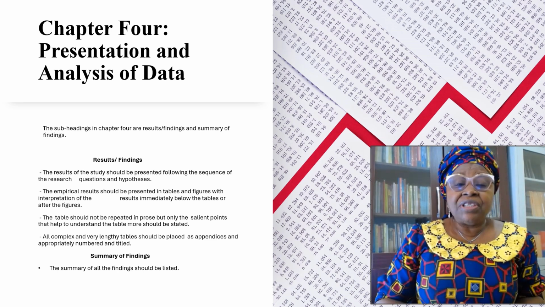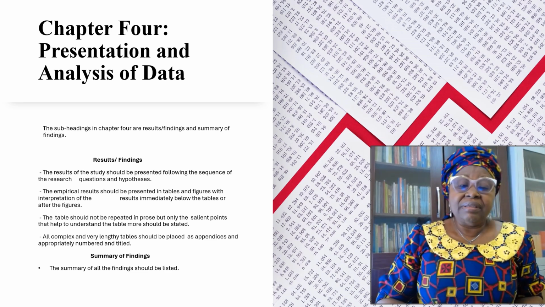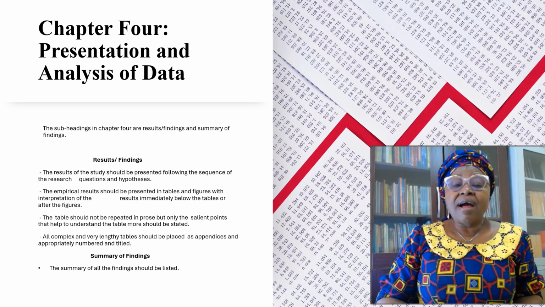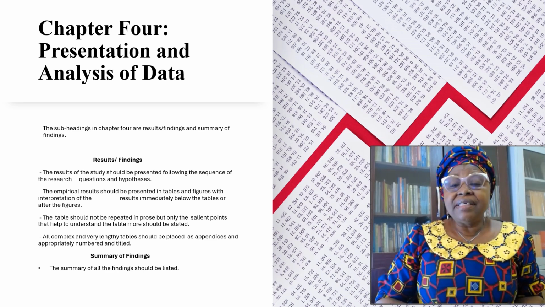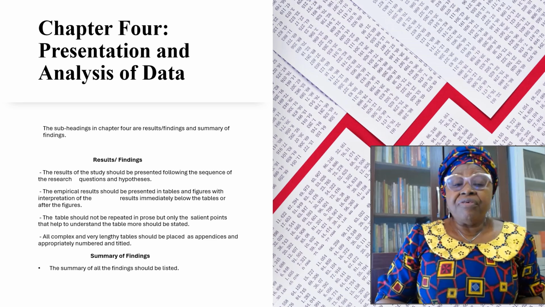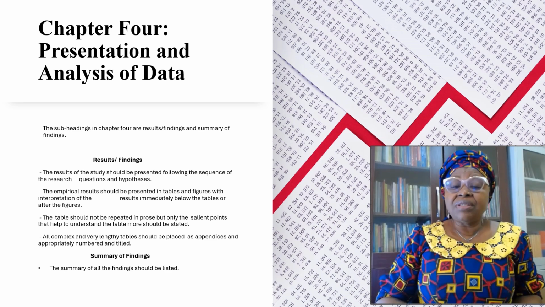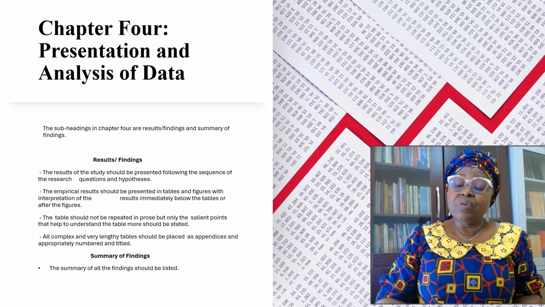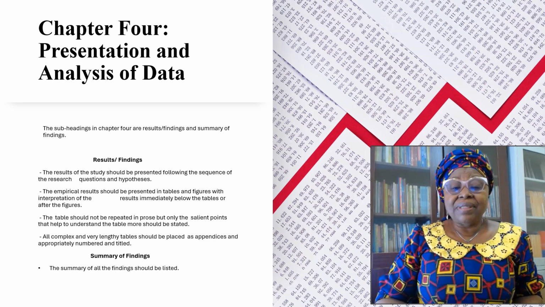We have talked about chapters 1, 2, 3. Then chapter 4: the subheadings in chapter 4 are results, findings, and summary of the results. For results, the results of the study should be presented following the sequence of the research questions and hypotheses.